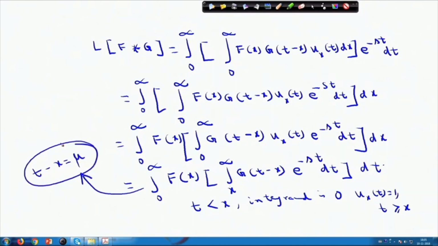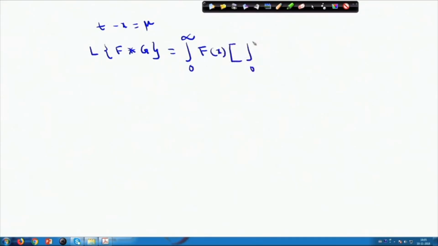So once I am substituting t minus x equals mu, the Laplace transform of f star g equals 0 to infinity f(x) times the integral from 0 to infinity of g(mu) e^(-s(x plus mu)) d mu, into dx.